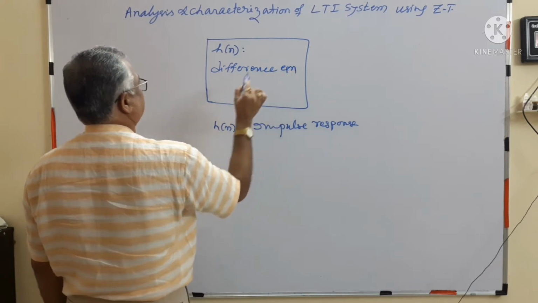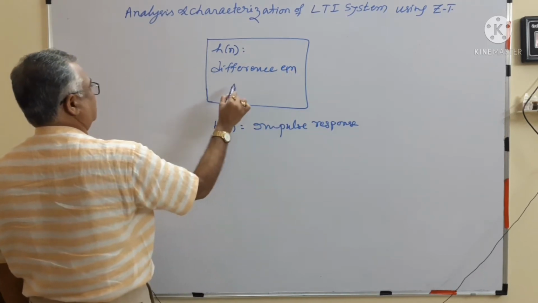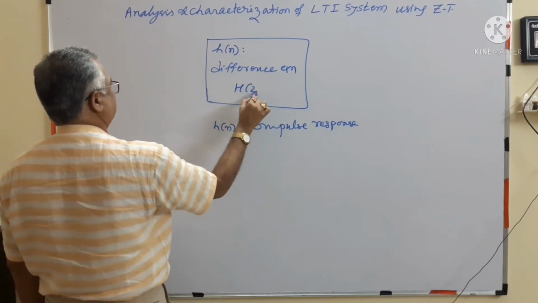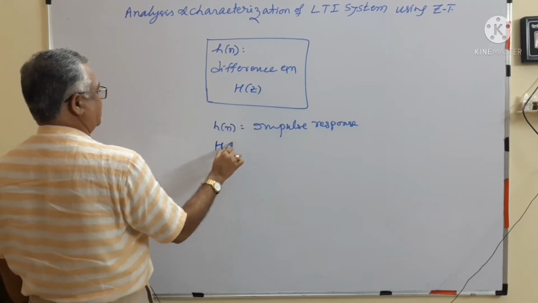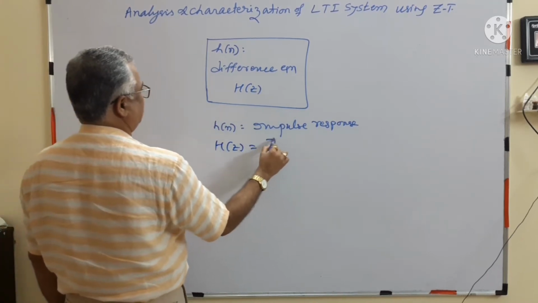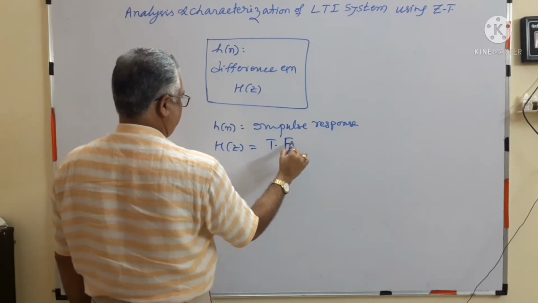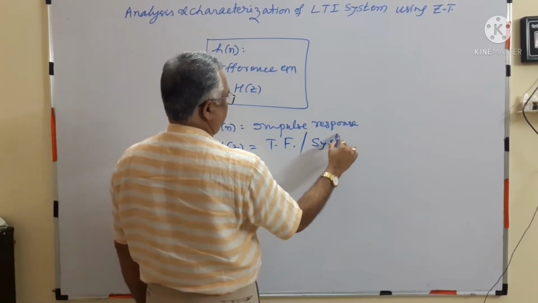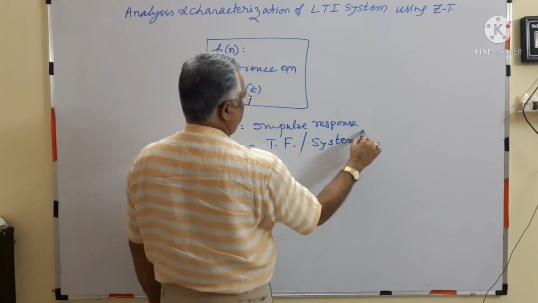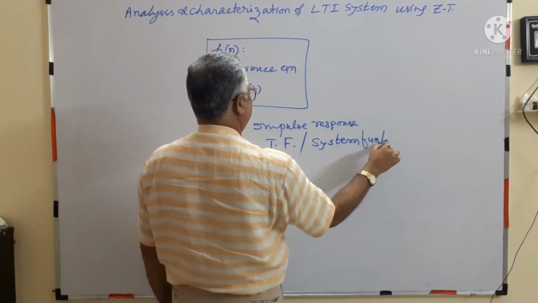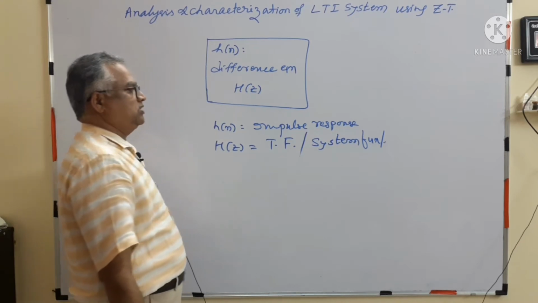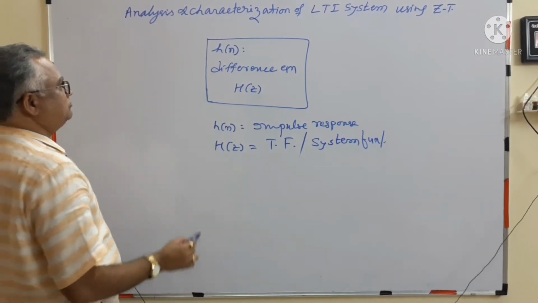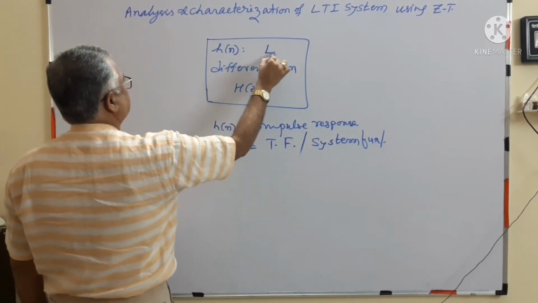Okay. Third one is H of z. What is the name of H of z? Transfer function or system function. So this system is LTI.